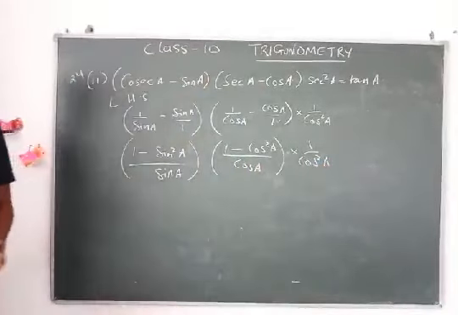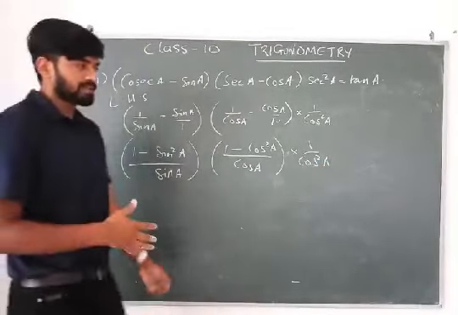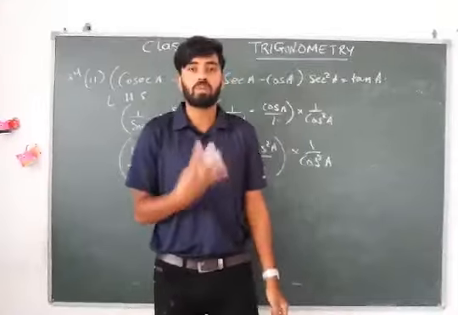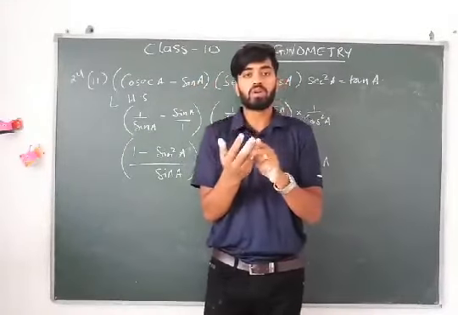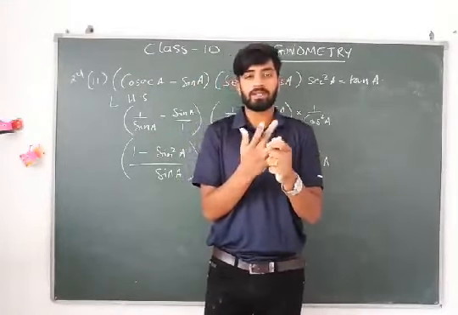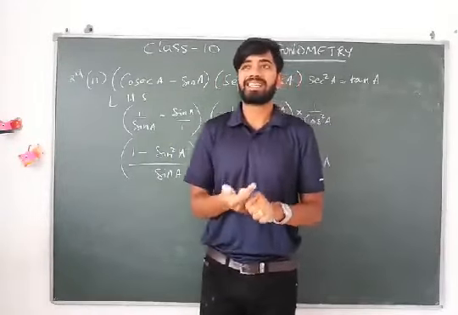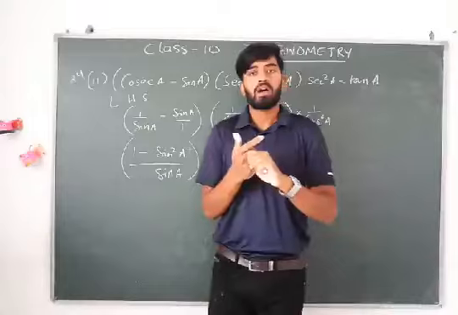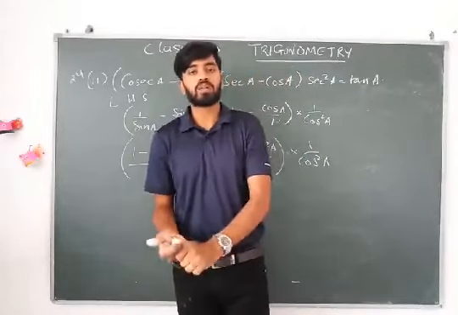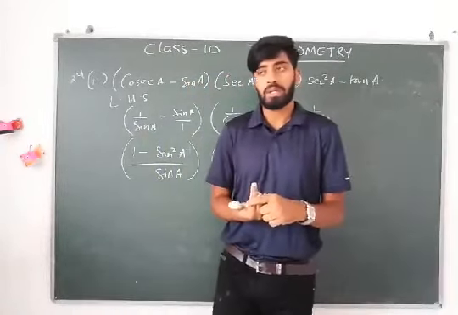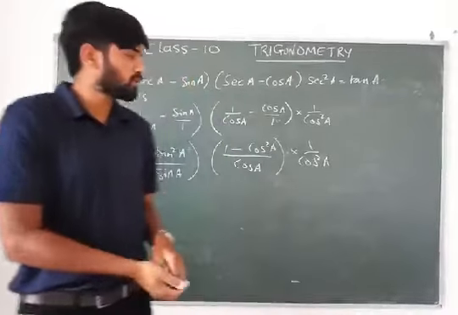Now it's very interesting to know that in this exercise or in this chapter there are only 3 formulas you need to learn. One is on cos and sin, cos square plus sin square. इधर उधर कर दो तो दूसरे फॉर्मूले ही बन जाते हैं. The second one is tan and sec, and third one is cosec and cot. Okay, so that's the only 3 formula you have to keep in mind.